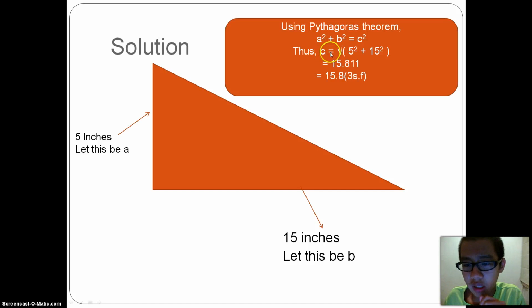So c is equal to the square root of 5 squared plus 15 squared, because even if you add a squared plus b squared, that is not the final answer. You have to take the square root of c squared to find c. So it's the square root of 250. You get 15.81 truncation. Round off to 3 significant figures, 15.8 inches.